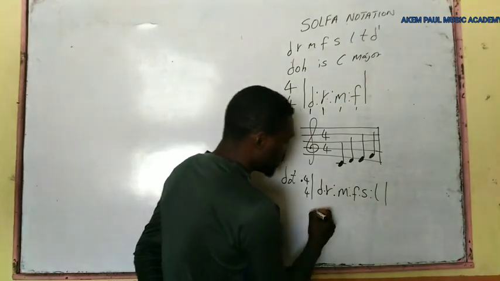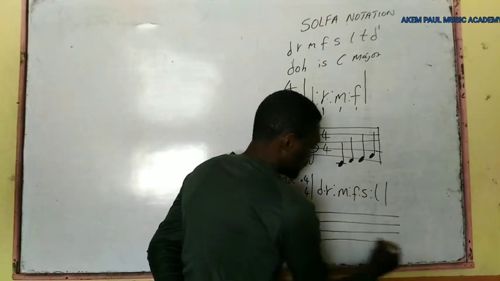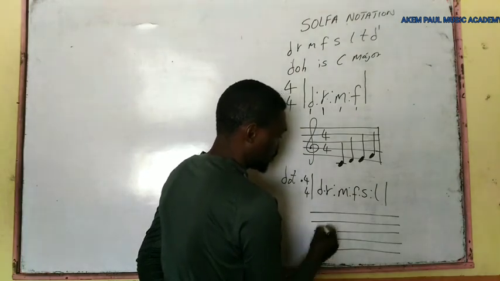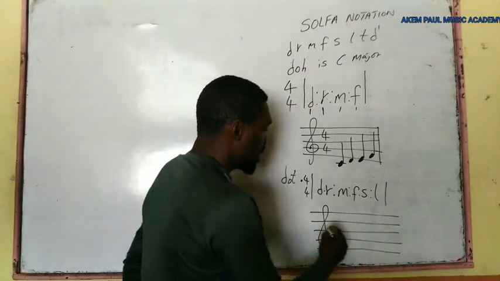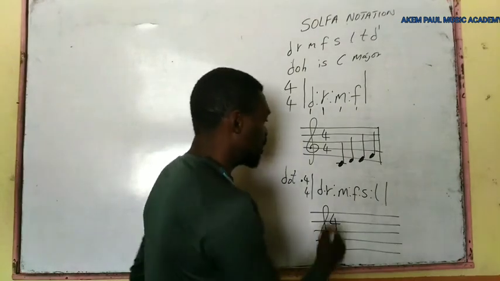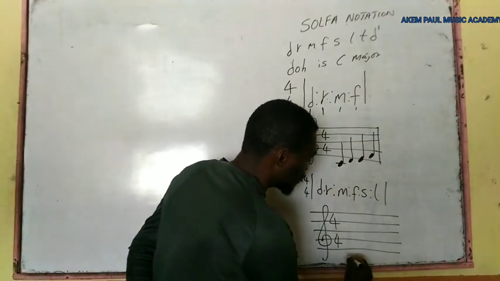So if I'm writing it on the staff, I'm going to have something like this. The 4 beats per measure. And then if I'm still using key C, I'm going to have something.